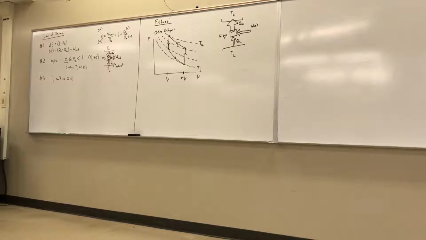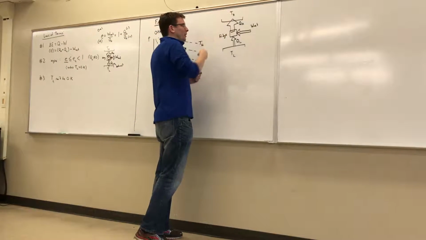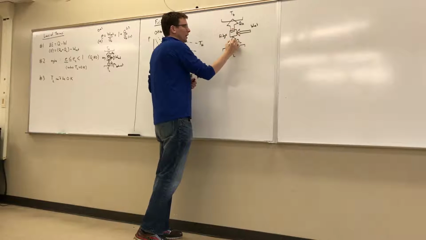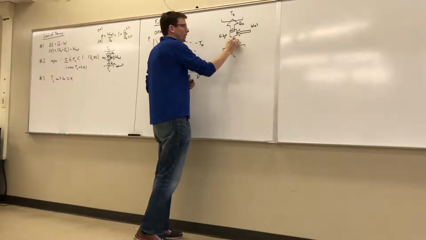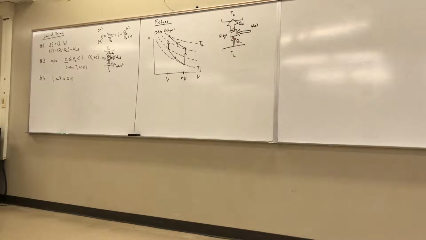I'm still going to call it QH, because QH is what you're trading with the higher temperature thing, but now QH is actually going to be negative because it's flowing out, and QL is going to be positive because it's flowing in. Those signs have reversed now.